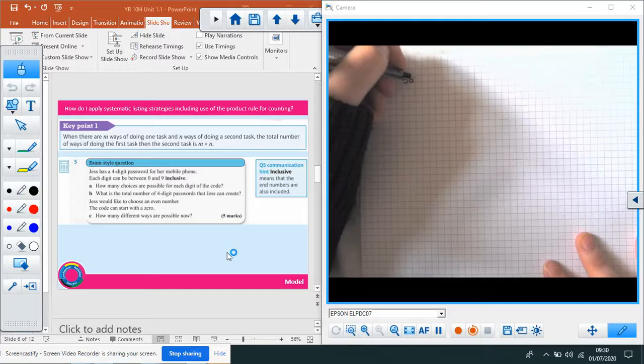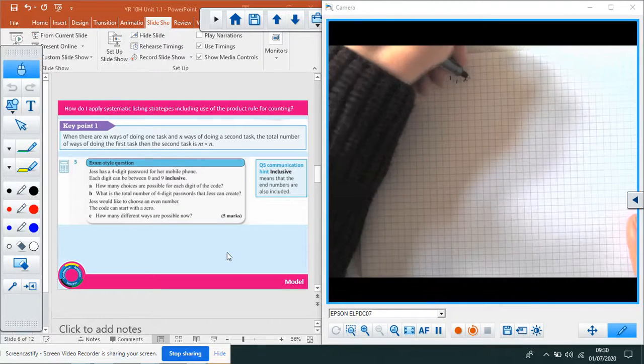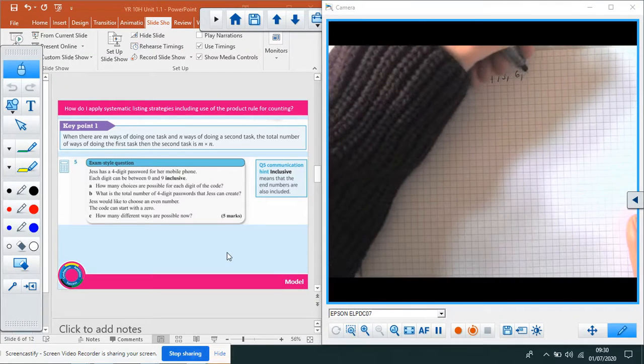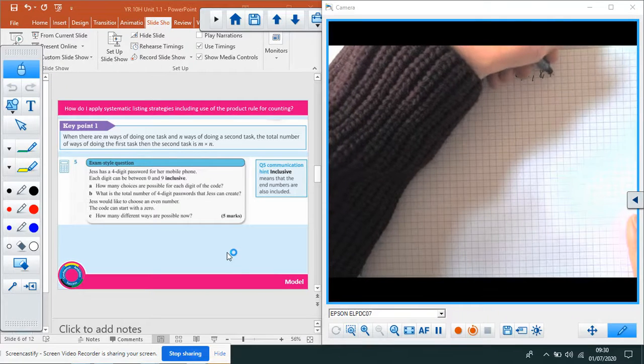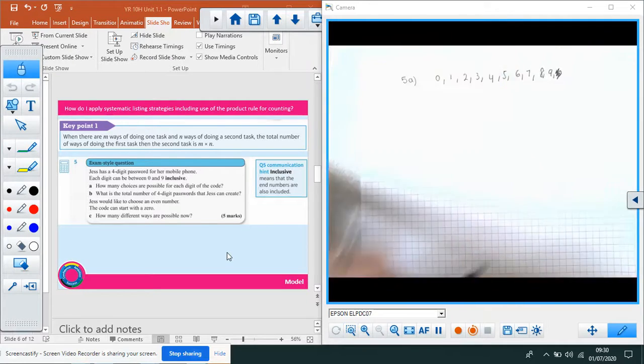Well, she could have 0, 1, 2, 3, 4, 5, 6, 7, 8, and 9. They're all the different possible combinations that she could have, okay? So how many are there?